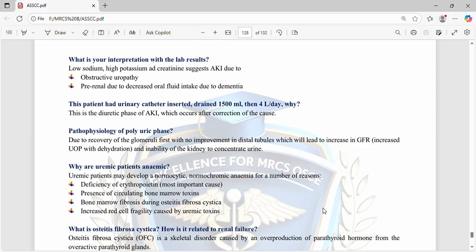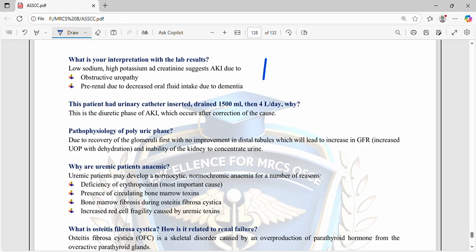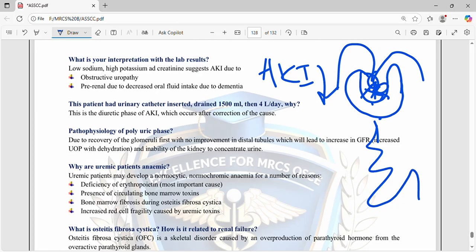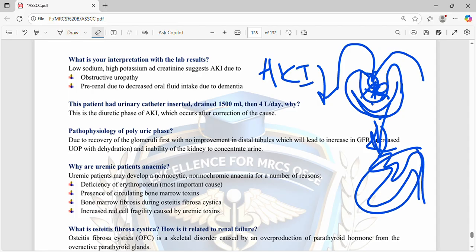Okay, so you may wonder why there is a diuretic phase. Suppose we have AKI and it recovers. When it recovers, first the function is restored to the glomerulus, the Bowman capsule. We have the glomeruli, and we also have the tubules here. So the glomerular function is restored, but there is no function in the tubules, the renal tubules.